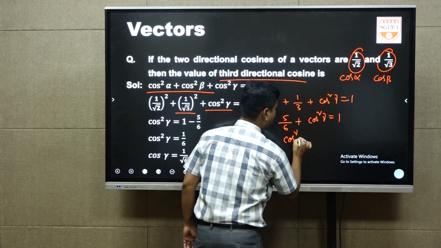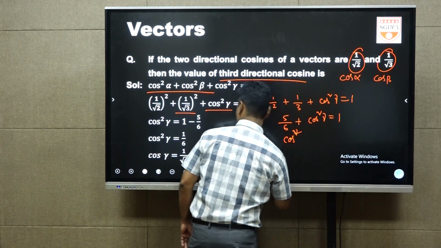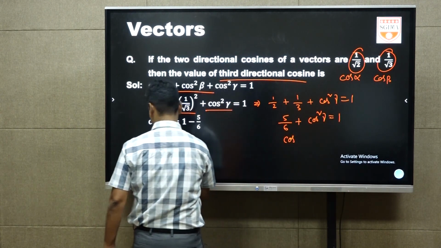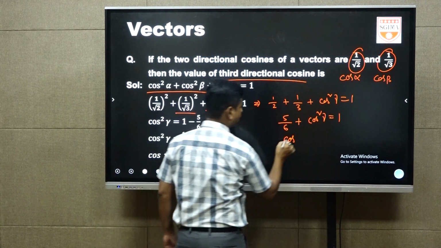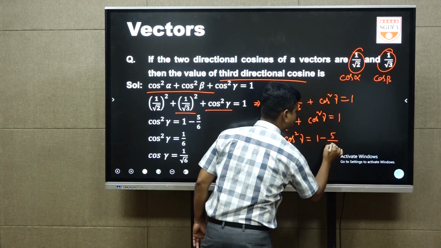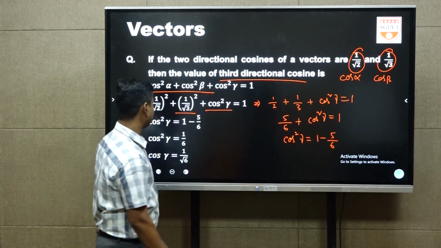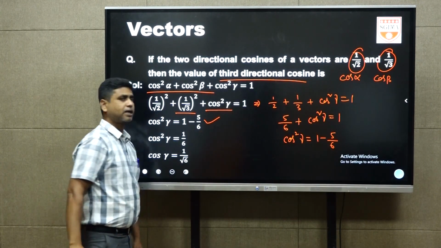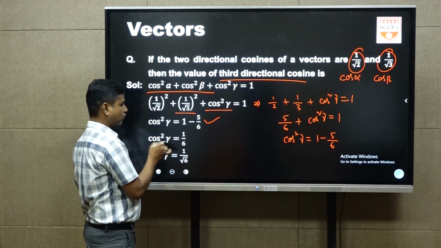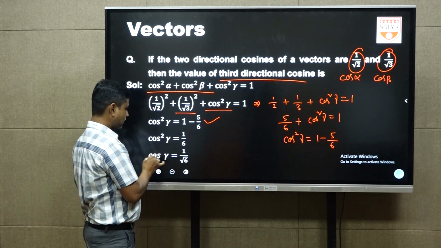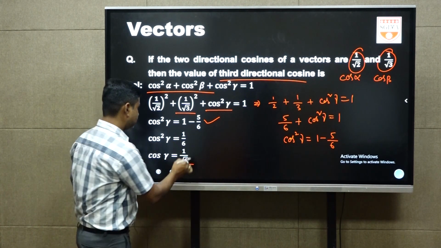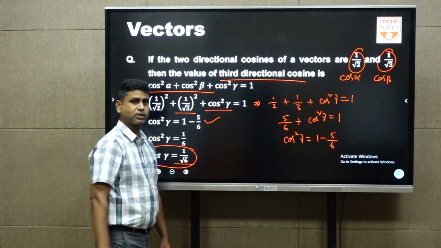Then cos square gamma equals 1 minus 5 by 6. Taking the LCM, 6 minus 5 is 1, so 1 upon 6. Then cos gamma equals 1 upon root 6. This is the third directional cosine.